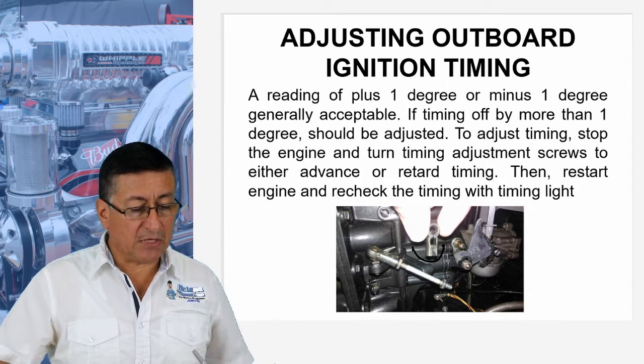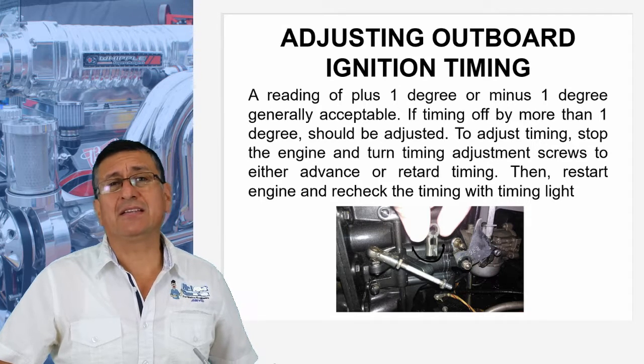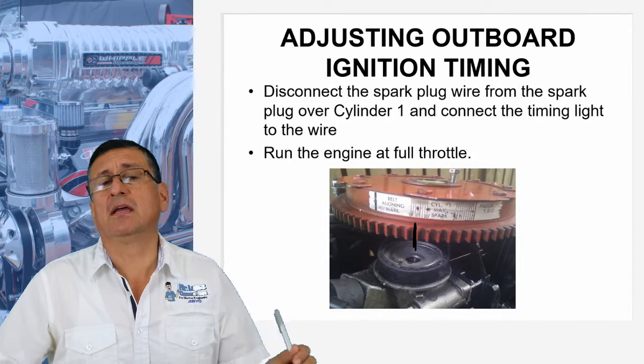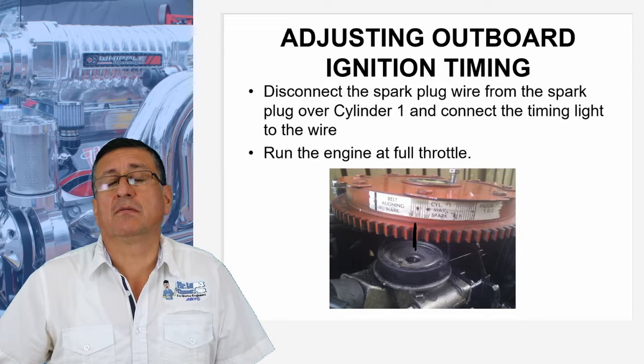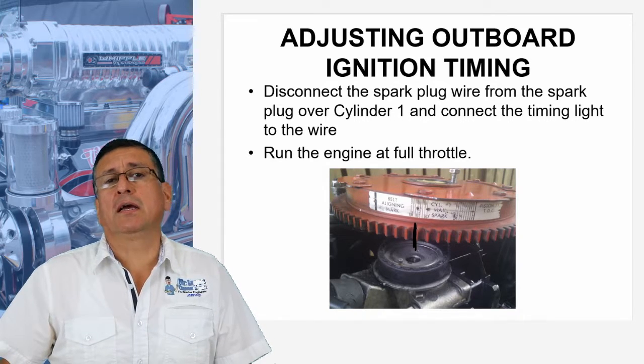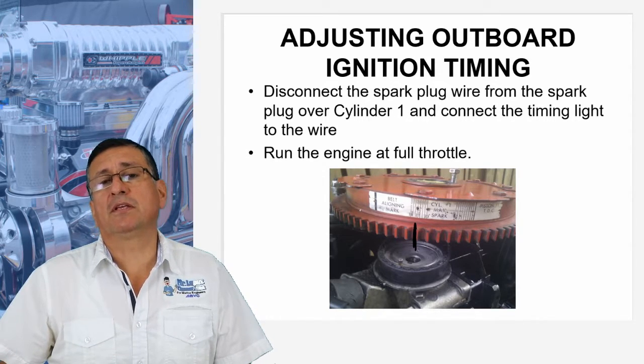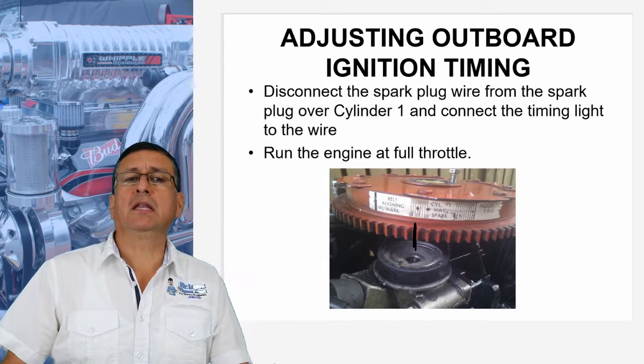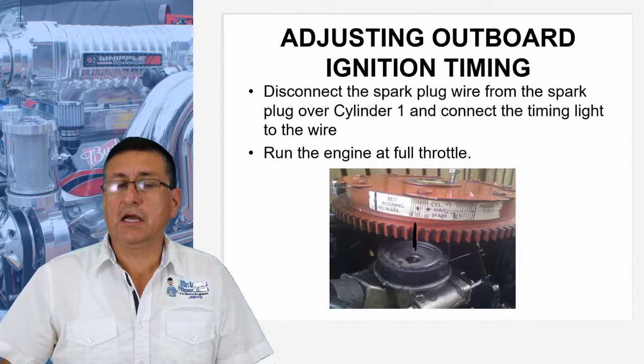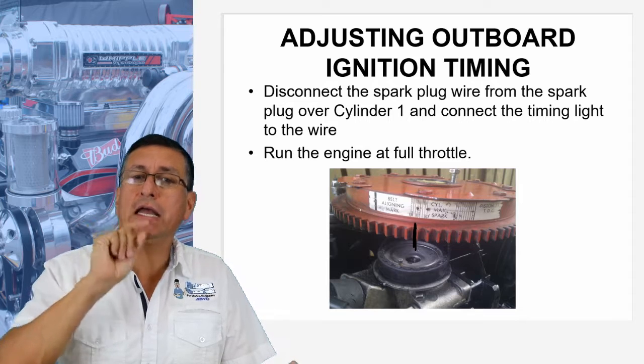I explained that procedure exactly the same with respect to spark plug number 1 and piston number 1 in the top dead center, like we did in the inboard gasoline engine. Alright, this is the calibration in idle.